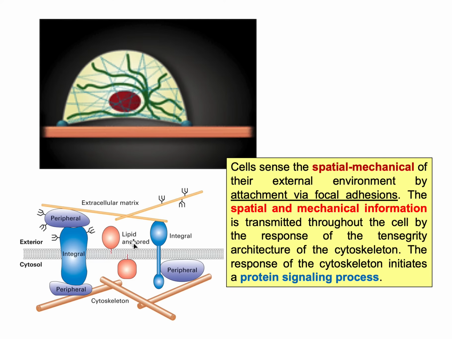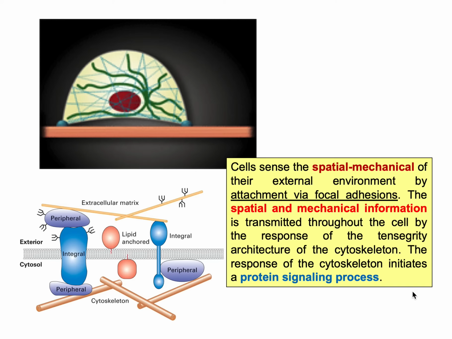If this is the cell membrane, this is outside the cell, and this is inside the cell, we have the extracellular matrix and we have the cytoskeleton. Anything that happens outside, the properties of the material outside, will be transmitted through integrins into the interior of the cell, and the cell will behave accordingly.